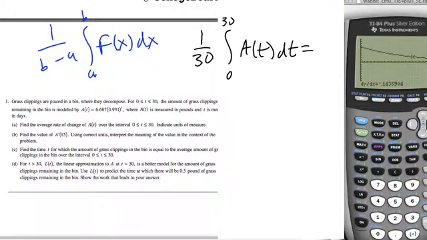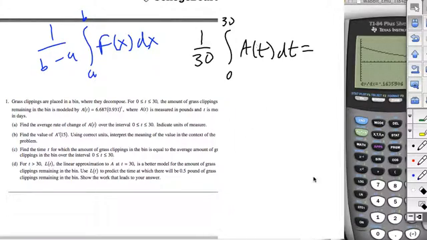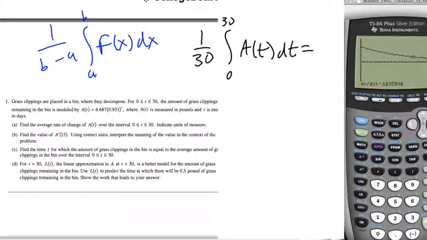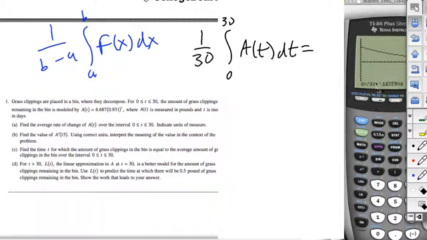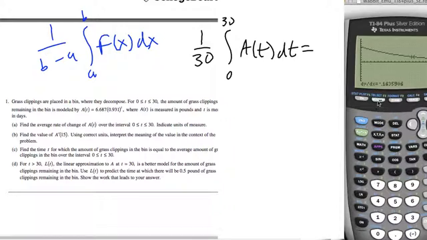So this time we've got to go 0 to 30, so let's make sure our window is set to 30. I seem to be having difficulties. Oh, gotta turn it on.